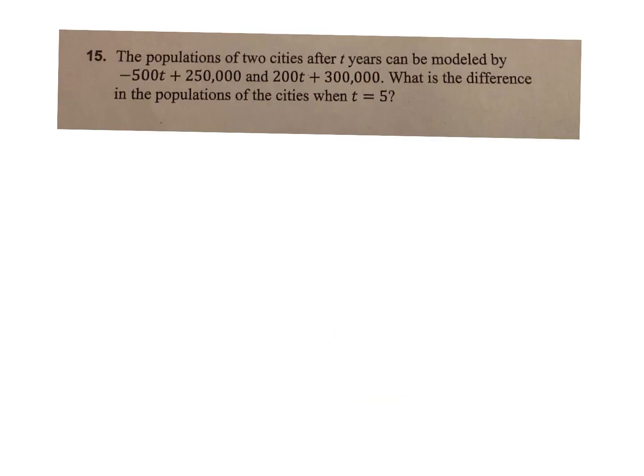Here's the last word problem. There's a couple different ways you could do it. I'm going to just throw 5 in for t right away. So negative 500 times t, which is 5, plus 250,000. That gets me one city. And let's do that.